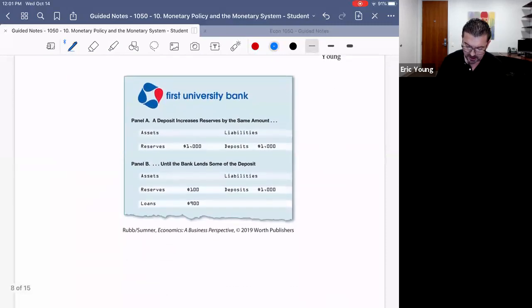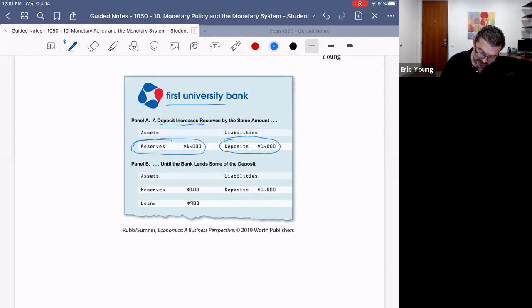We have here a simple bank, the First University Bank. Suppose that a person puts a deposit in, okay? They put in a deposit of $1,000. This becomes a liability for the bank. Their deposits are $1,000. And at the moment, the bank, because it's sitting on it, has reserves of $1,000 as well.